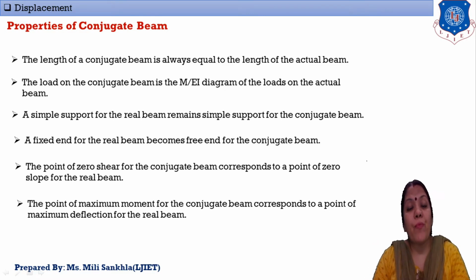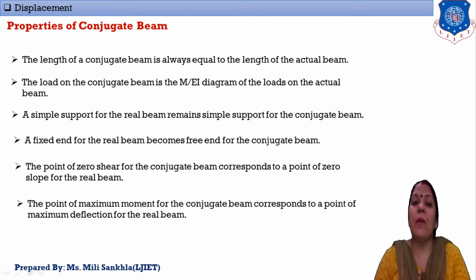If we find a point of zero shear in the conjugate beam, then at that point the slope is zero in our actual beam.